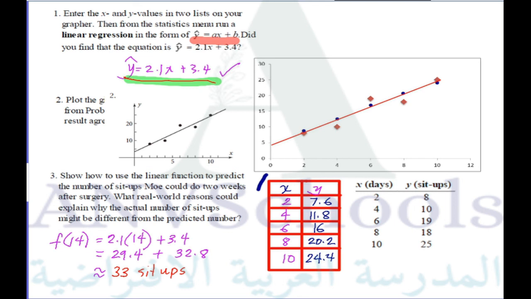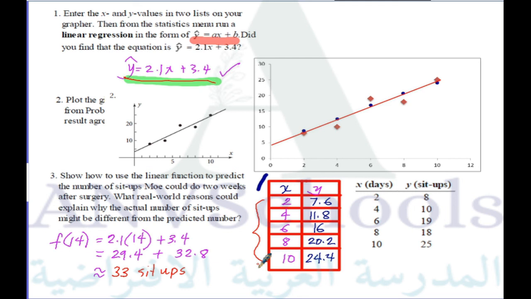What I'm trying to say is that our prediction could be true or it could not be true because, as you know, 14 days or 2 weeks is outside of our range, right? Being outside of this given range from 2 to 10 makes us extrapolate certain values for our y. And most of the time, that gives an incorrect prediction.